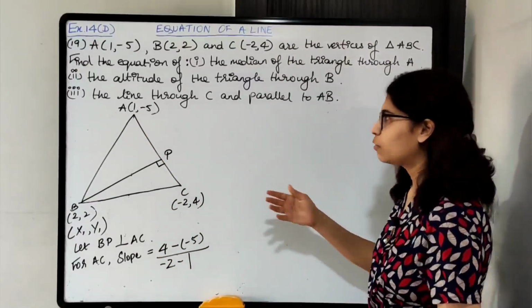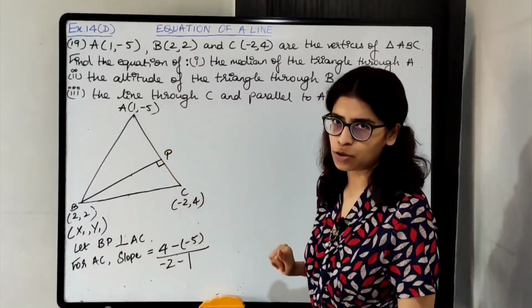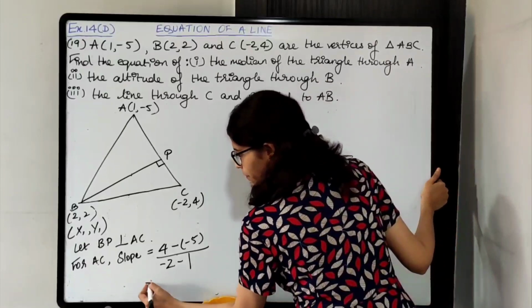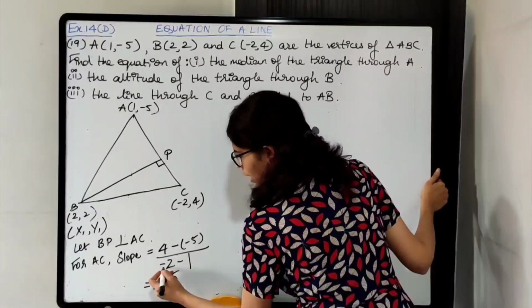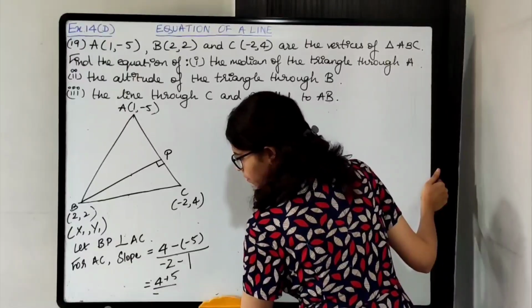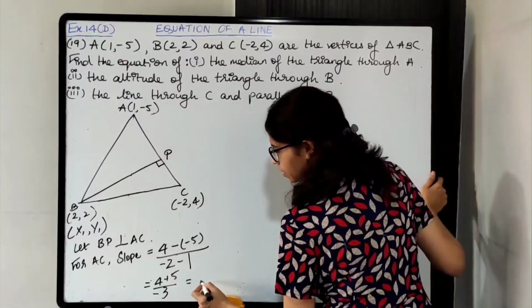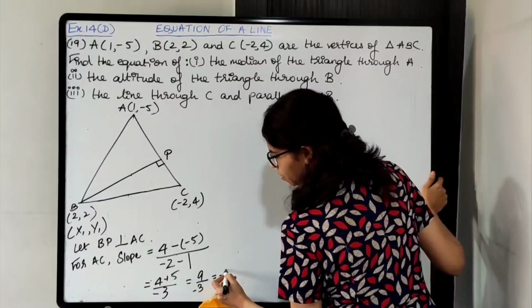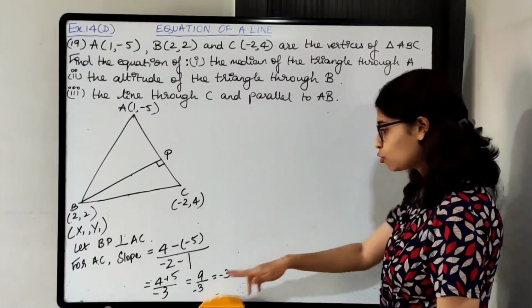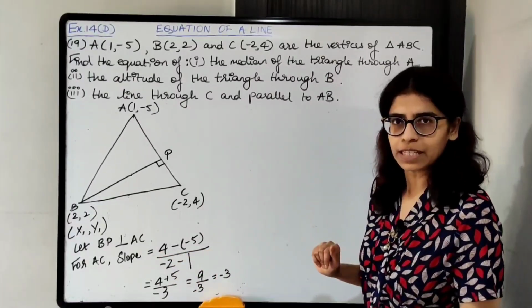You can take the other way around also. -5 -4 and 1 -2. So minus minus plus हो जाएगा. 4 plus 5 and minus minus है तो -3. Okay. So that will give 9 upon -3, that gives -3. Okay, so don't solve it like this, solve vertically. Slope of AC we got as -3.